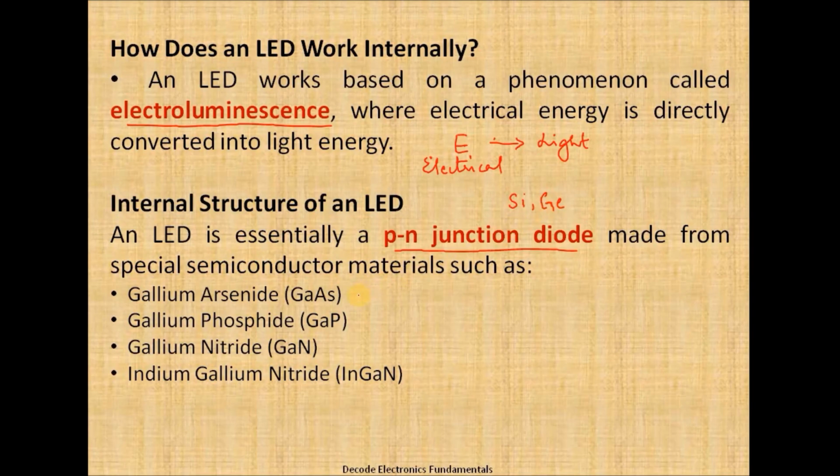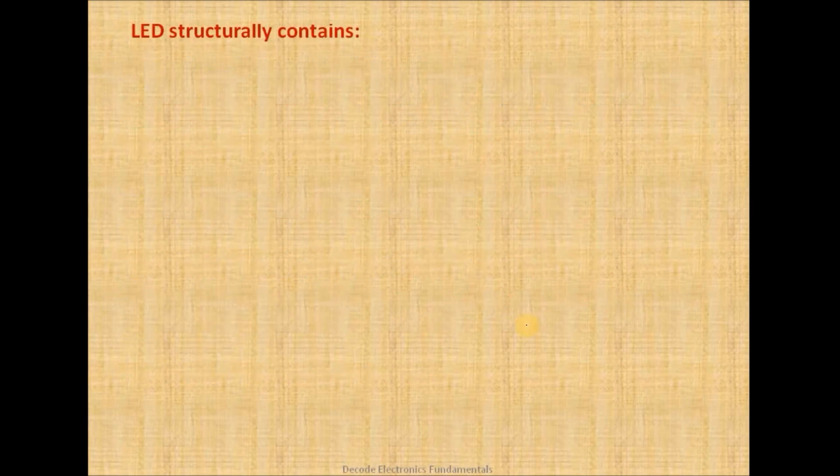However, light emitting diodes are usually made up of compound semiconductors like gallium arsenide, gallium phosphide, gallium nitride and indium gallium nitride. Compound semiconductors are very popularly used in LEDs.